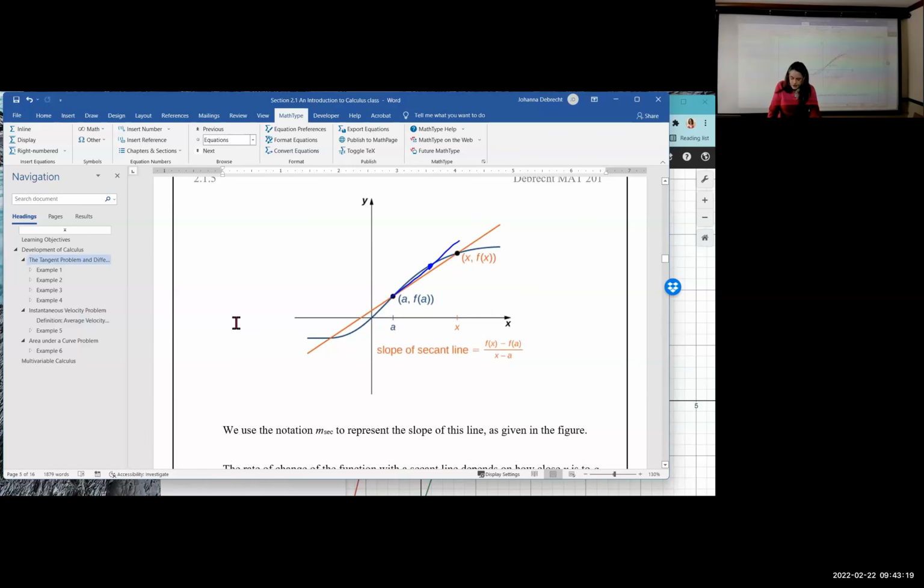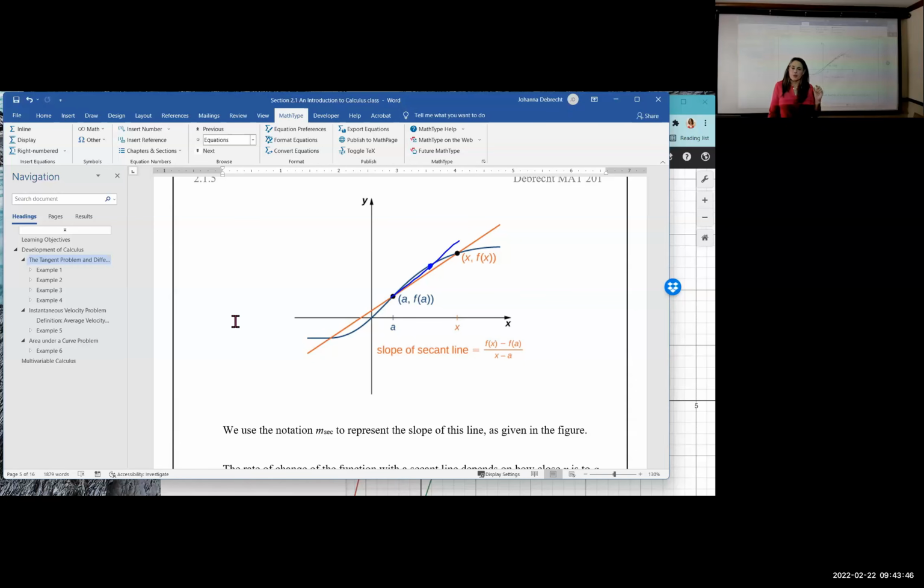Right here. If I were looking at this graph again, and this represented distance with respect to time, and I connected, this could be the beginning of my trip and the end of my trip, and then the secant line would represent my average speed. But the problem is, what if I wanted instantaneous speed? If I want instantaneous speed, I want the slope of the tangent line at that point.